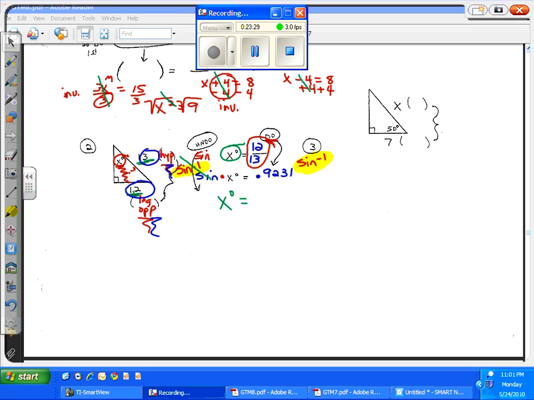You got the junk off of x, as I say it in Algebra 1, by using inverse operations. What you do to the left to undo, you have to do to the right to balance it. So we need to do on the right side inverse sine 0.9231.